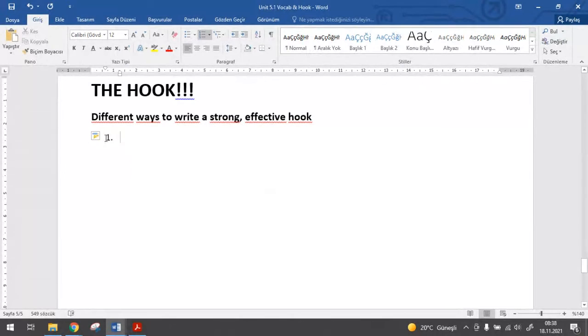One way is an interesting question. Now, imagine your topic, let's say the topic is uniforms. Right?